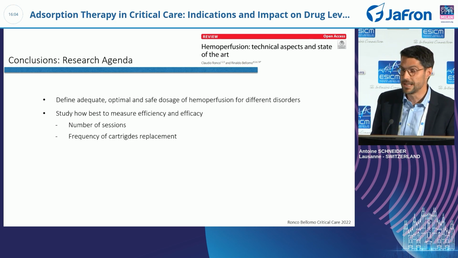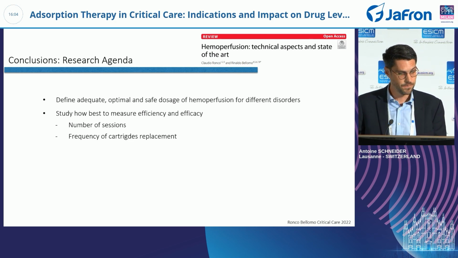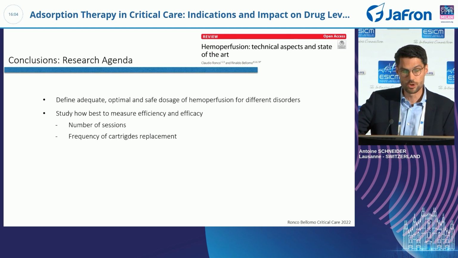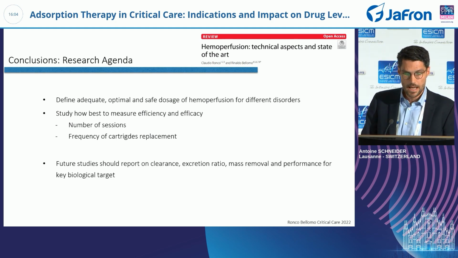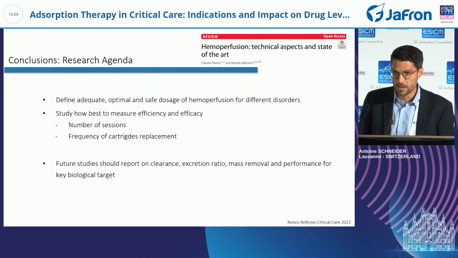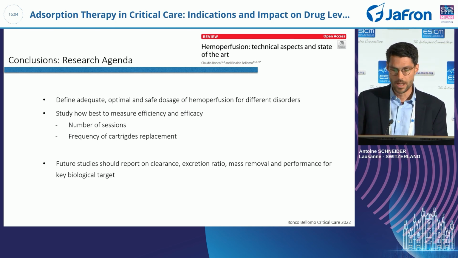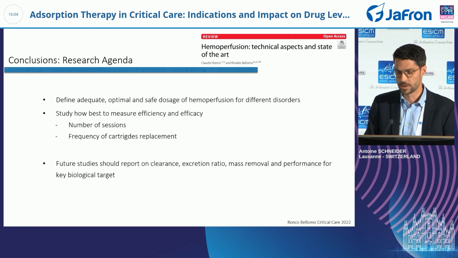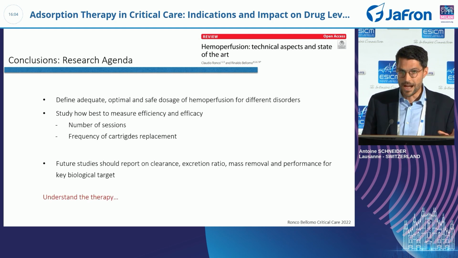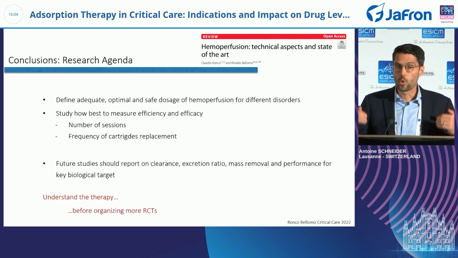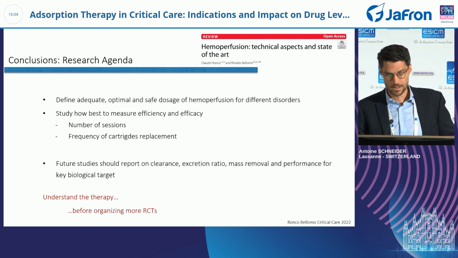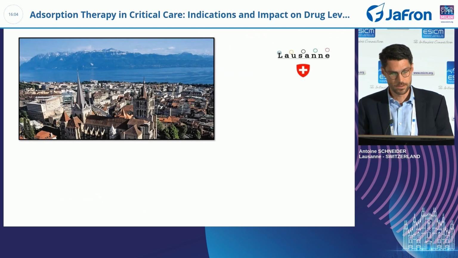We need to study how best to measure efficiency and efficacy, the number of sessions, the duration of the sessions, how often we should replace the cartridges, and we should focus on clearance, excretion ratio, mass removal, and performance for key biological targets. And for now, I think we need to step back and understand the therapy before organizing more massive randomized controlled trials. With that, I want to thank you very much.